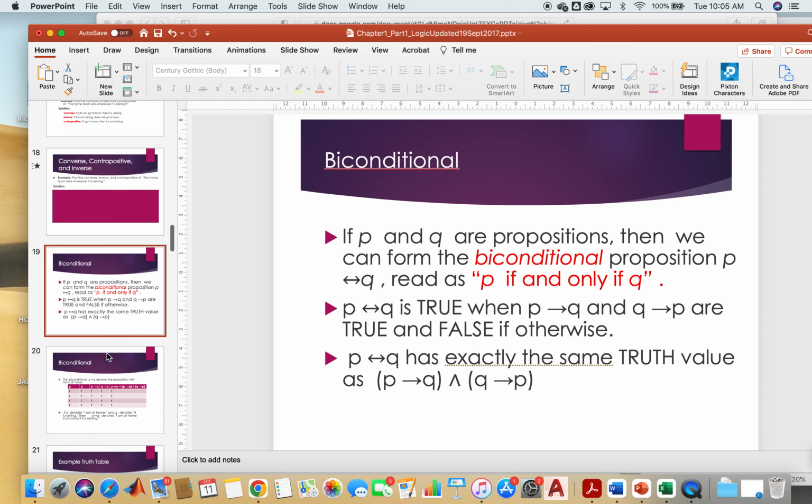For the rest, if P is true and Q is false, then the conjunction is false. If P is false and Q true, same, it will give false. If P false, Q false, then the conjunction is false.